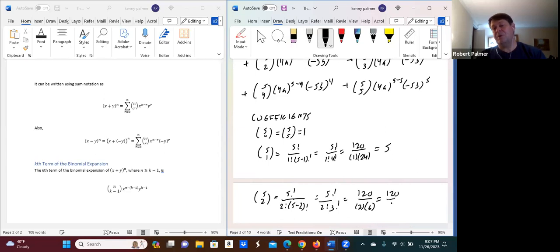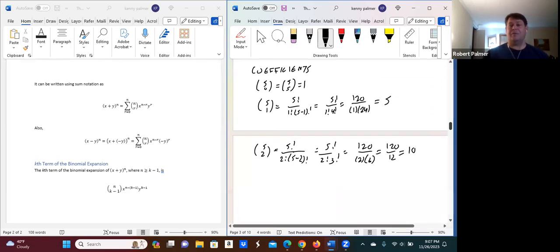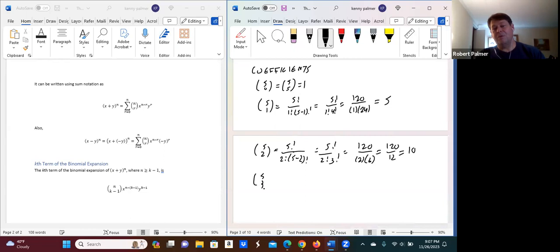And so that's 120 over 12, and that's going to be 10. And then 5 over 3. I believe this is going to be the same thing. So 5 factorial over 3 factorial times 5 minus 3 factorial. And it's going to be 5 factorial over 3 factorial times 2 factorial. Right, no need to go through the details. That's also, once again, 10.